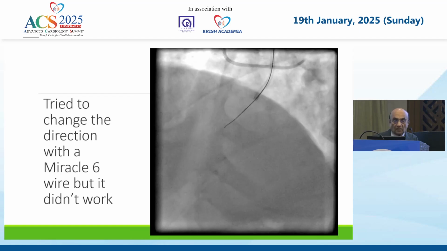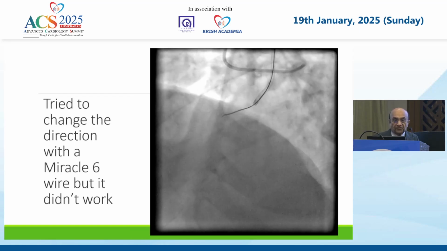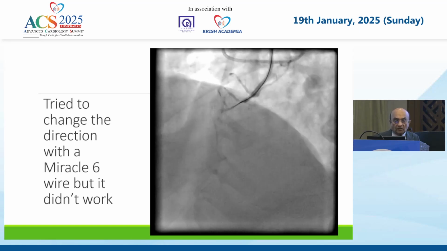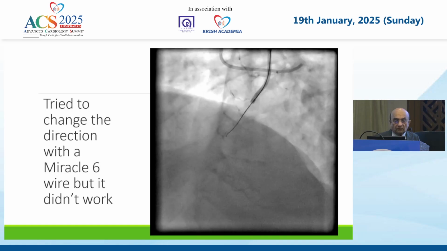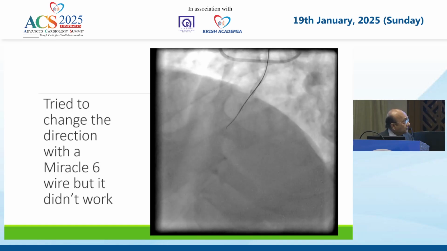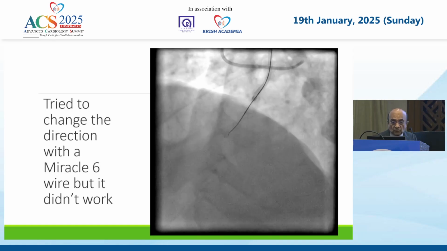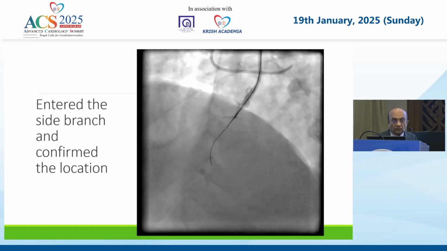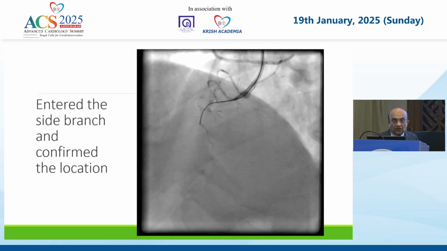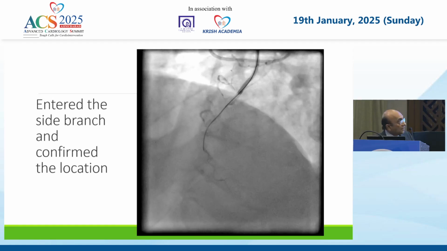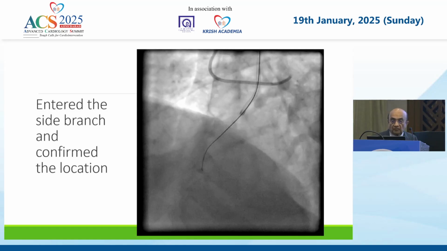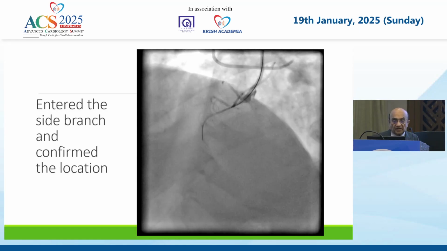Okay. So I tried to change the direction with a Miracle 6 wire, but it did not happen. So I decided to go into the side branch, confirmed its location. This, yes, I am correctly in the side branch, and dilated the side branch.